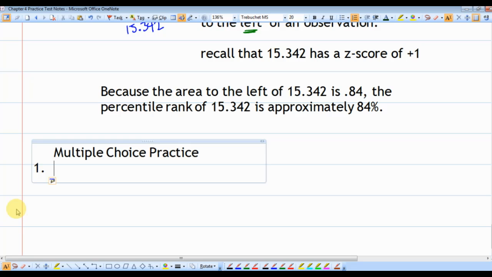We want to find the median of 100. Basically, the median of 100 means that if you put the numbers in order, the median would be the one that's exactly in the middle of the 100. So if you do your division correctly, that's going to be the 50th observation if we put them in order.